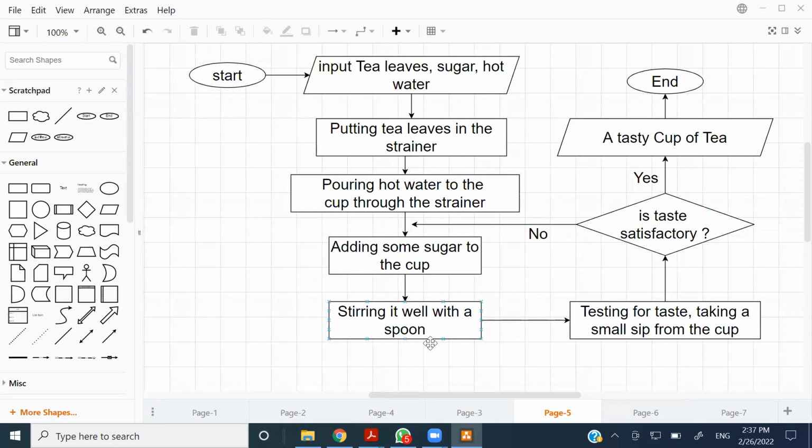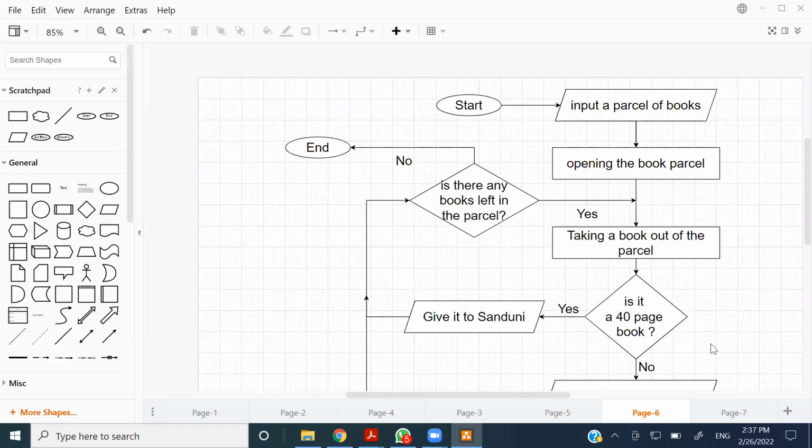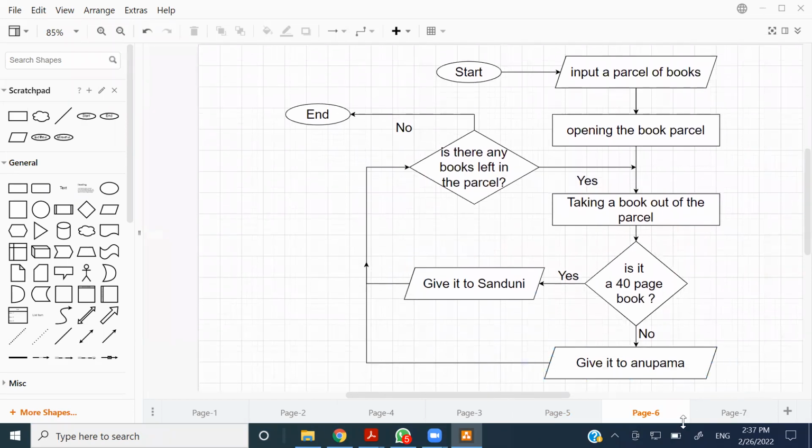And we discussed how this particular iteration is going to happen, right? And we discussed Sanduni and Anupama's question as well, dividing the books among two sisters, right?